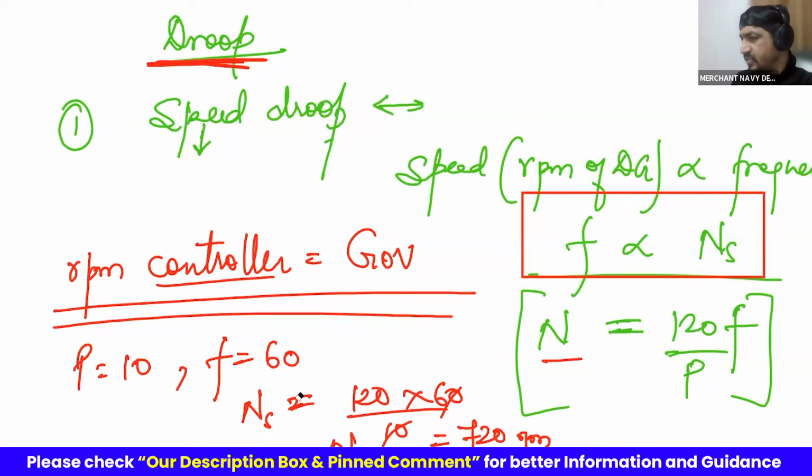Then where does this droop concept come in? Well, this comes in when you deliberately induce it here. Sir, can you repeat again this concept of droop?